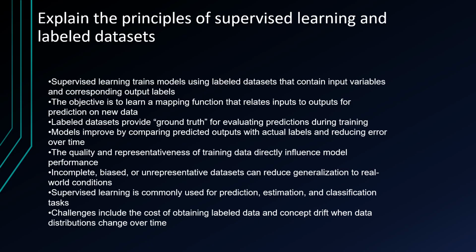This illustrates the importance of representativeness in machine learning datasets. The training data must adequately capture the diversity and variability of the operational environment in which the model will eventually function.